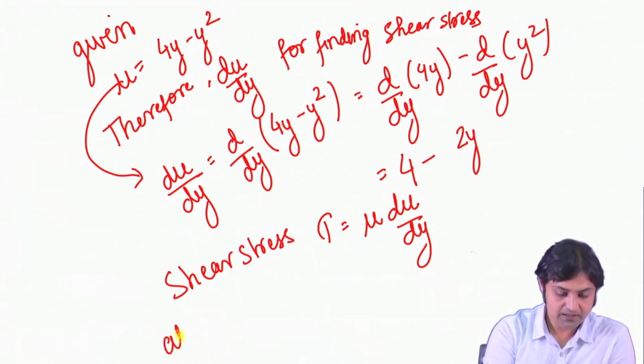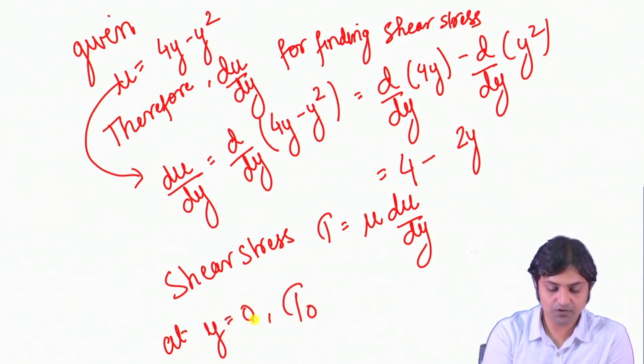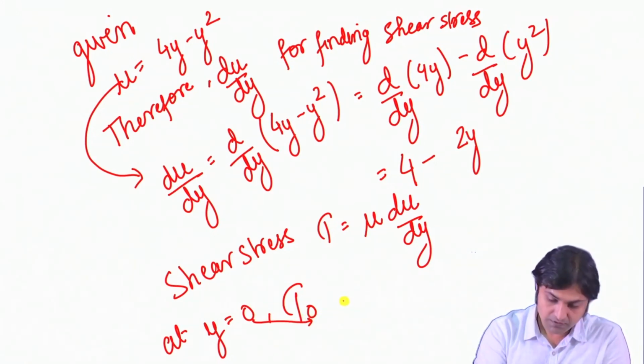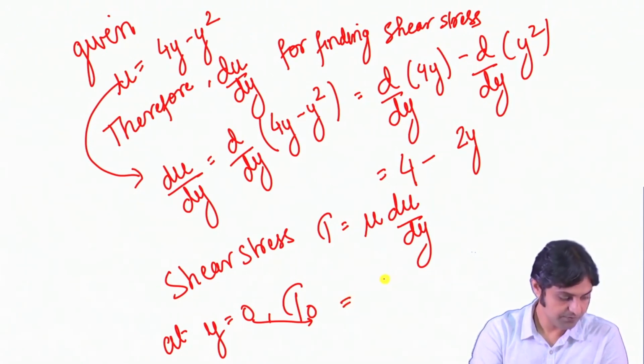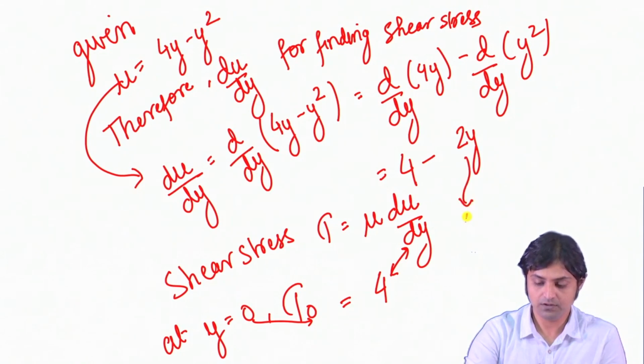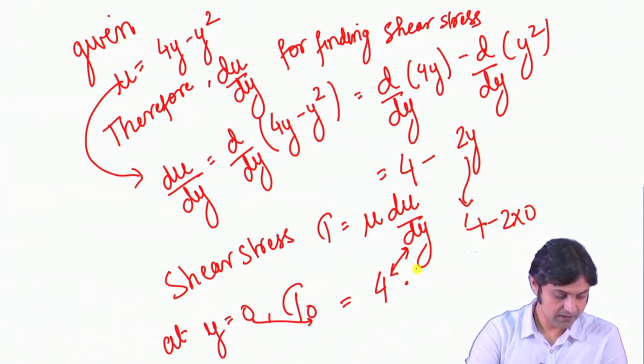So at y is equal to 0, I indicate shear stress at 0 as tau 0. It will be given as, du by dy will be 4 minus 2 into 0, multiplied by dynamic viscosity, which was 1.5.